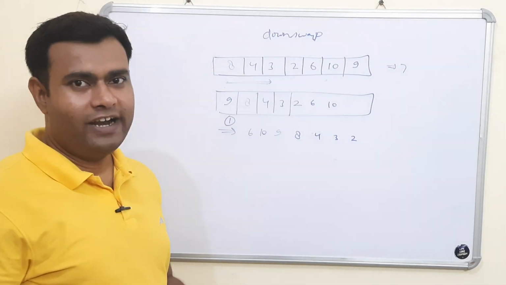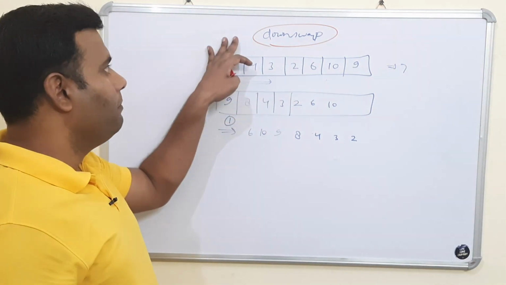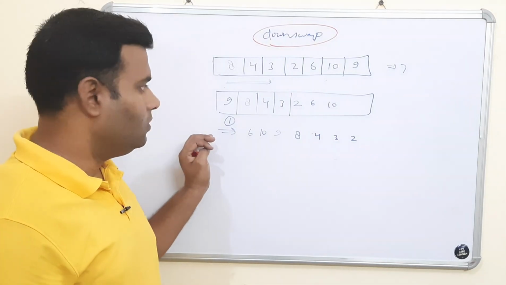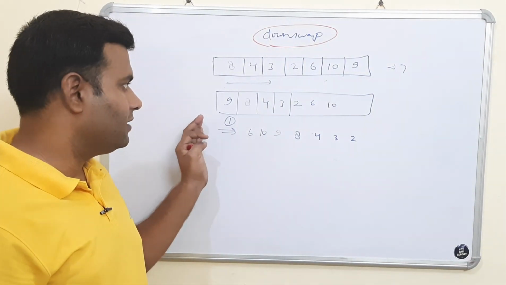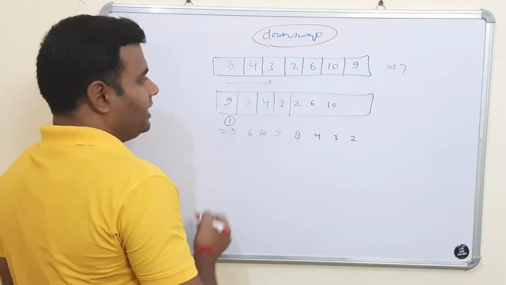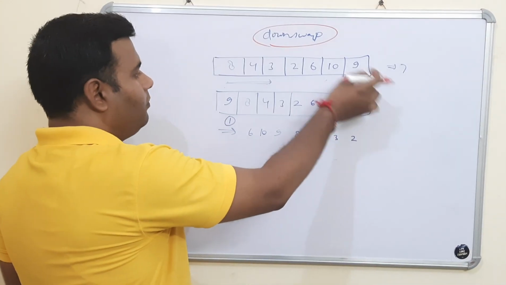Initially I already gave the hint, double swap, right? But before looking at this solution, let's go through the brute force approach. In brute force, you do one rotation at a time. You shift every element by one, and the last element you put at the beginning.